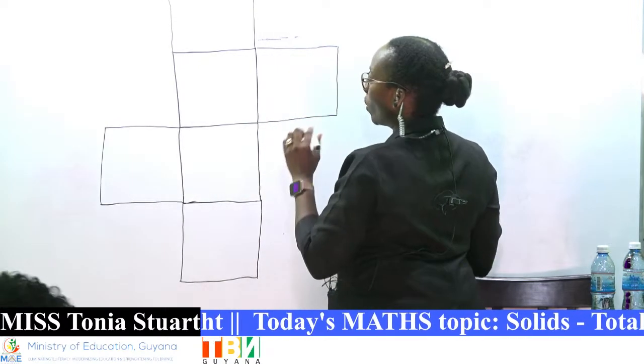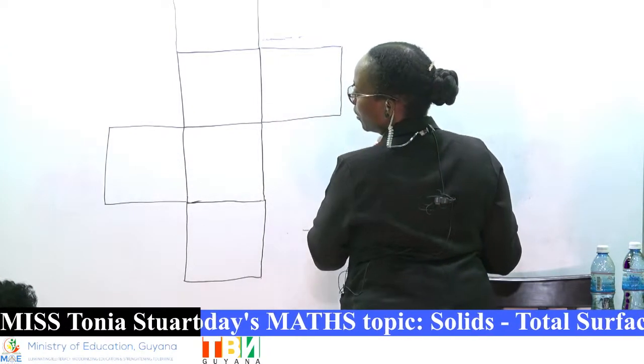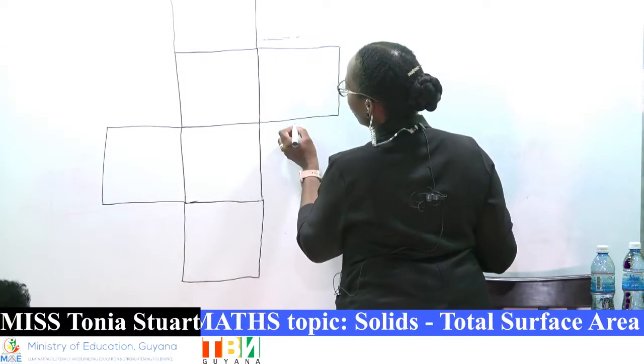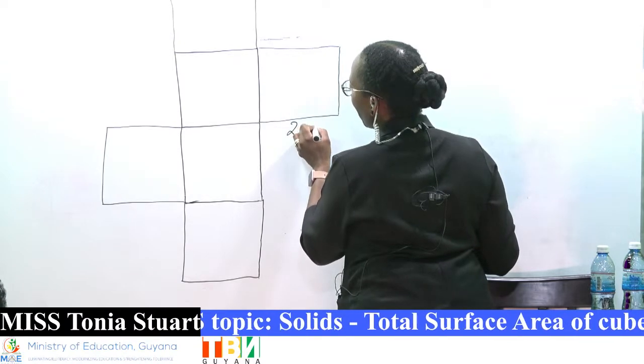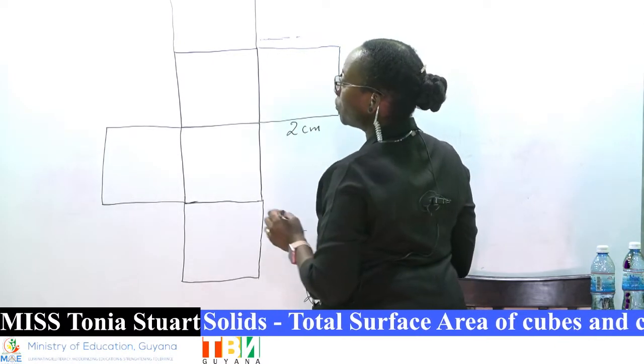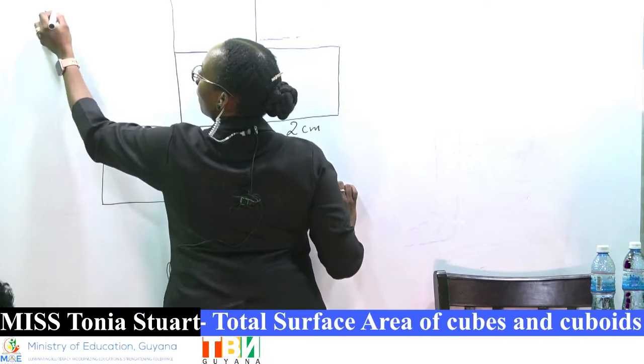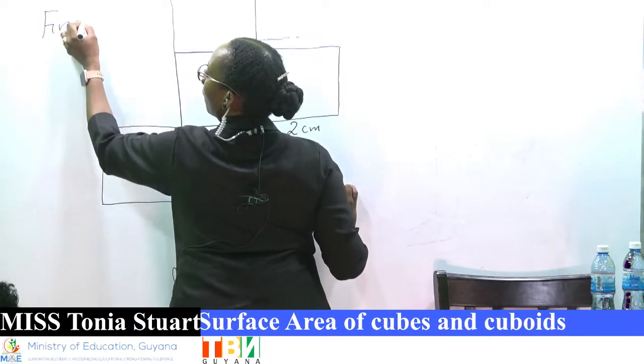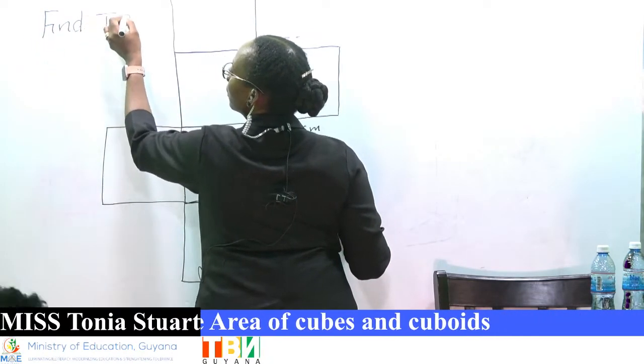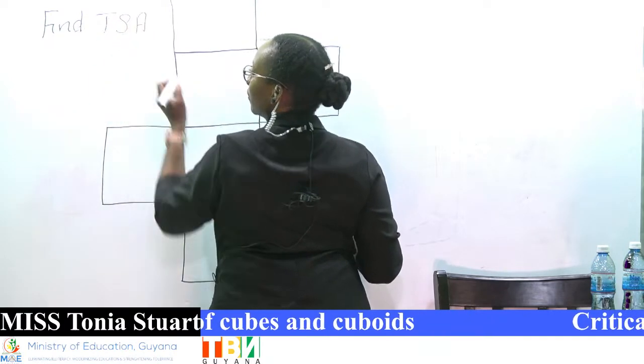Good. So one length of this square is equal to 2 cm. I would like you to find the total surface area.